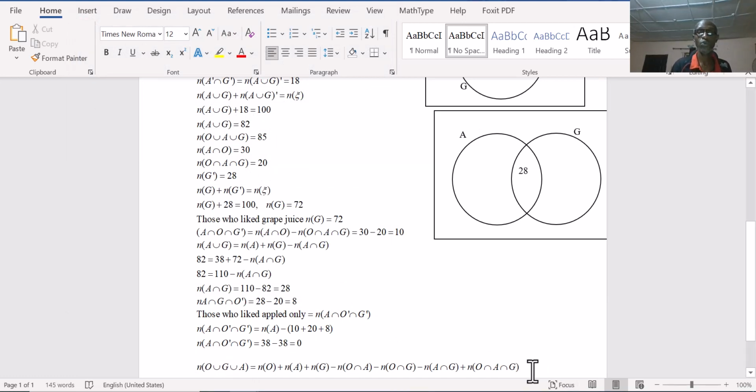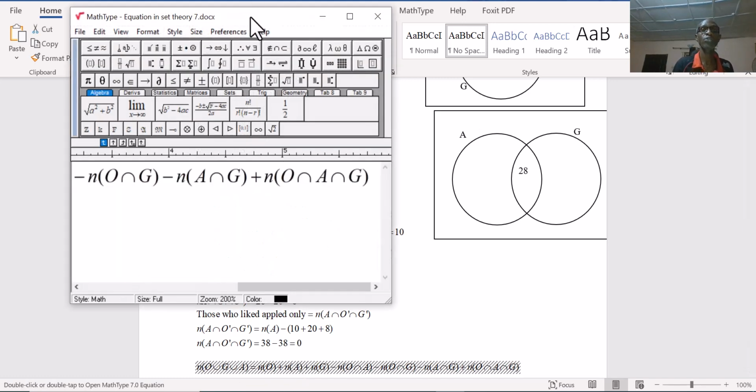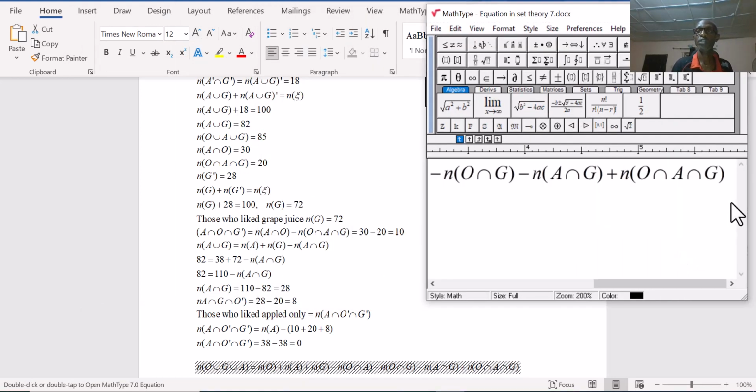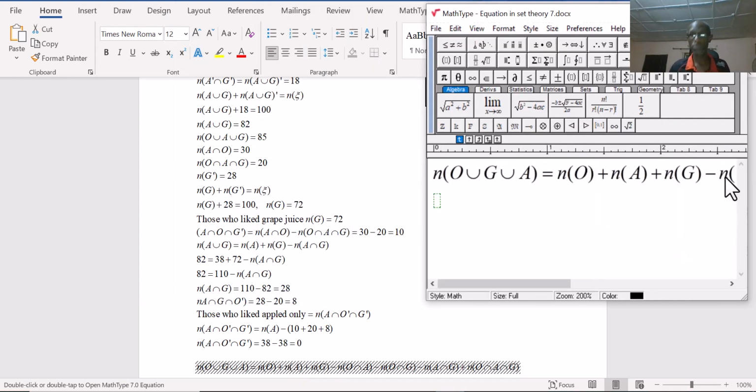We are given O union G union A from the data. Those who love at least one of the juices, that's 85. So I'm going to be representing everything out now so that we can see what is happening. I need to get more information out. So we have 85.